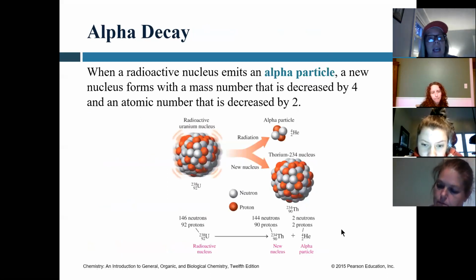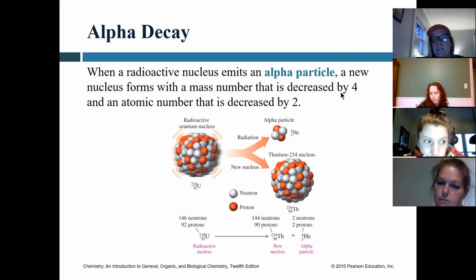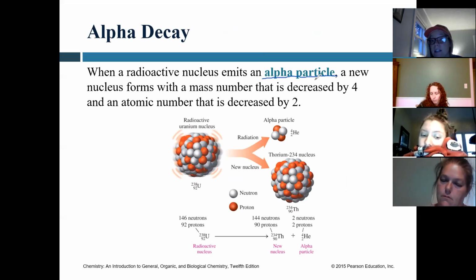So first type of decay, alpha particle decay, a new nucleus will form. That new nucleus will have a mass number that is decreased by 4 and an atomic number that is decreased by 2. That's consistently how it works. So if I've got uranium-238, it undergoes alpha decay. It's important to see what the problem is saying. In this case, it's specifically saying alpha decay.